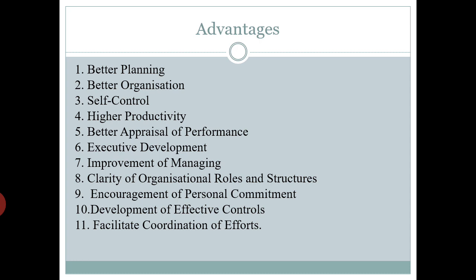What is development of effective controls? Here it means that you can have better control on your subordinates because the objectives are clear. You are supposed to achieve these objectives and targets, you are clear with it, and you direct your employee or subordinate in that direction itself.